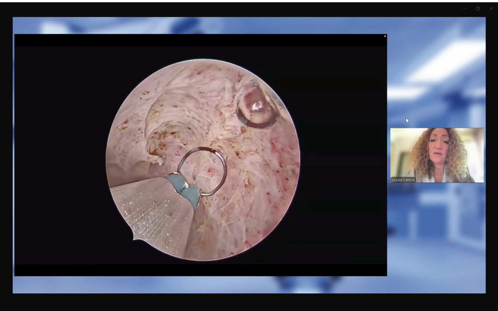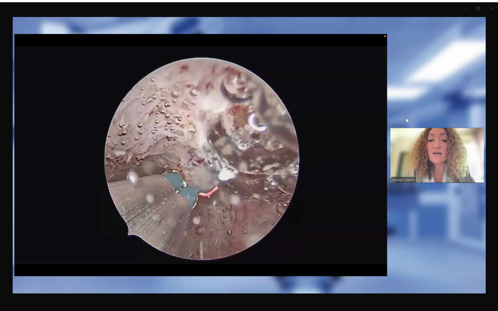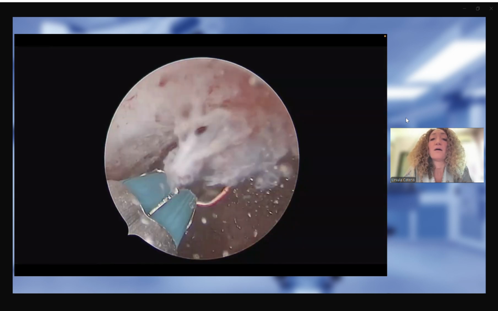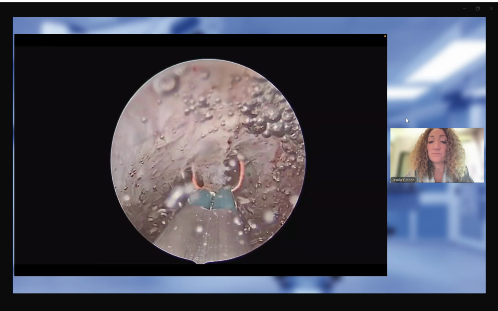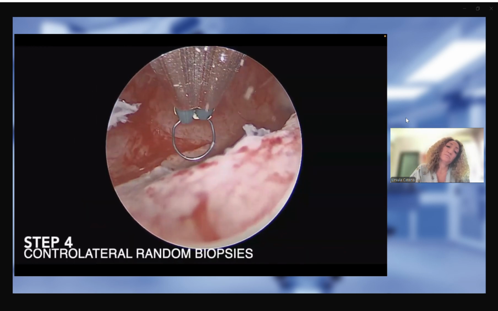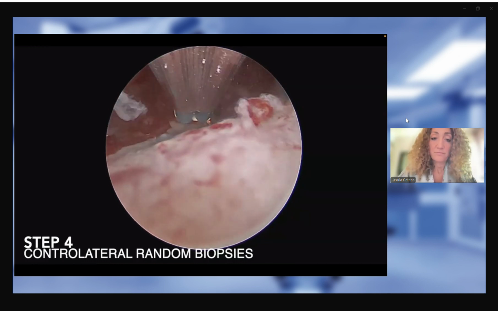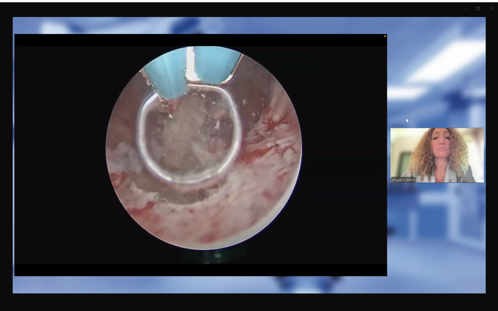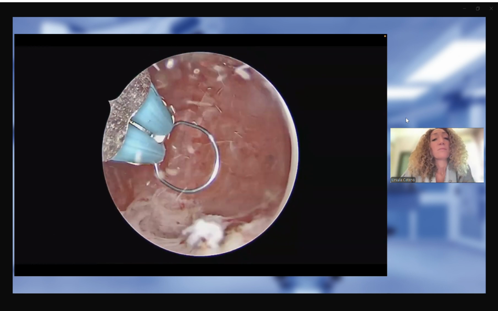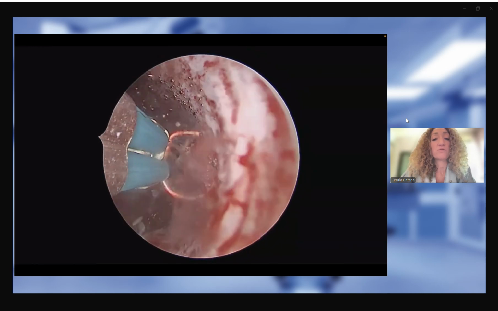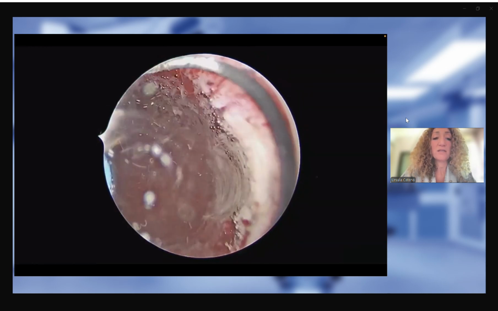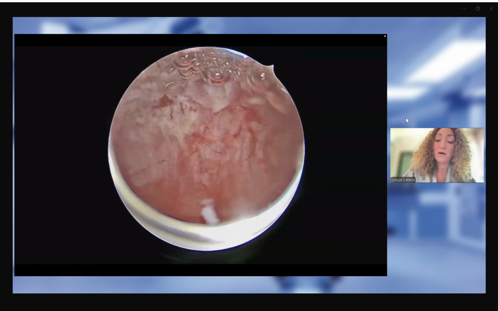And you can see what good results you can have with this kind of instrument. We normally perform random biopsies on all the other walls of the uterus, and we send them separately for histology.